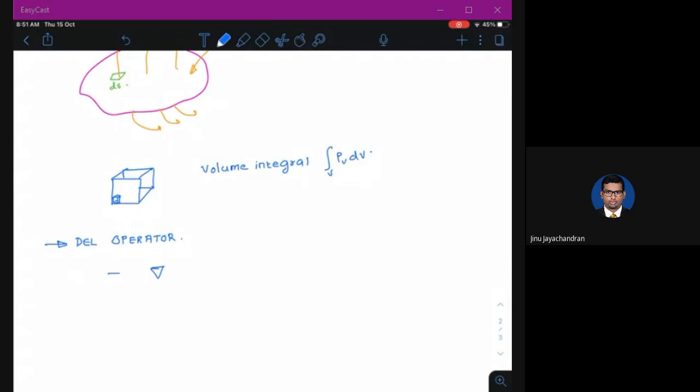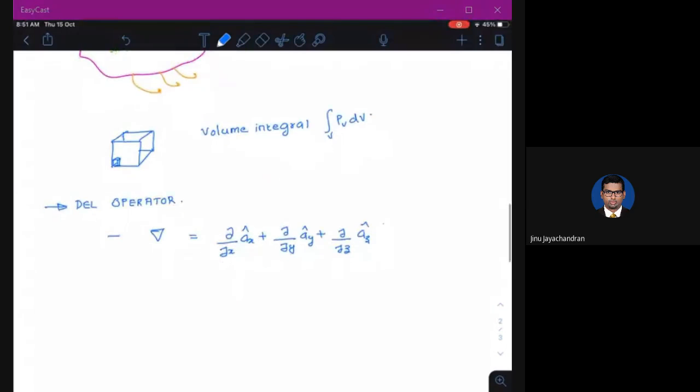In Cartesian coordinate system, the del operator is given as dou by dou x ax cap plus dou by dou y ay cap plus dou by dou z az cap. We'll see one example so that you understand this. And del operator operates on a scalar. So this is also called a gradient operator.